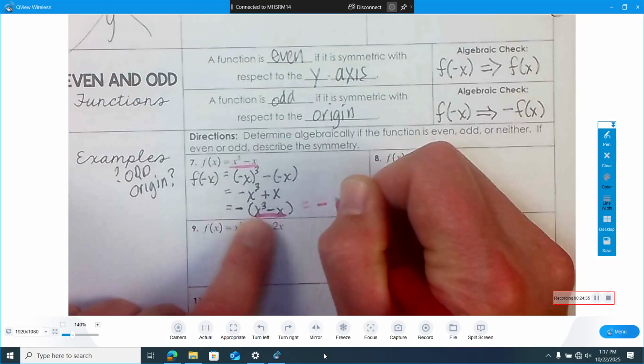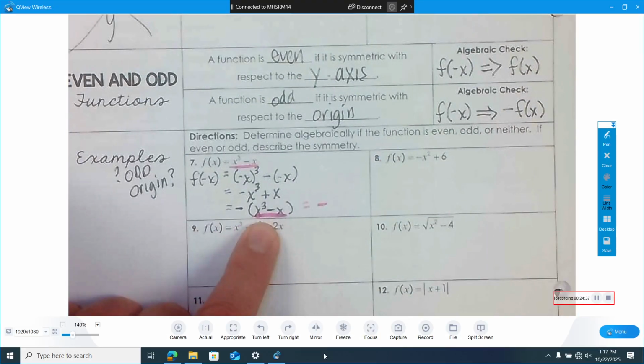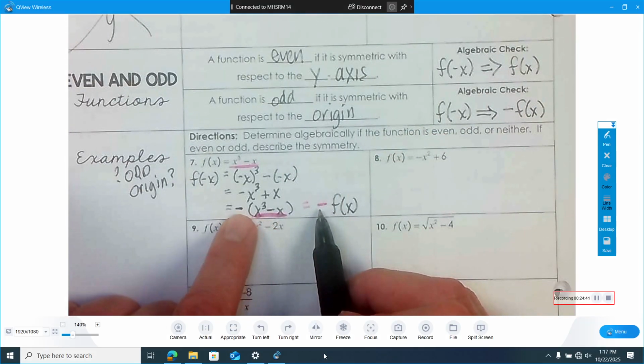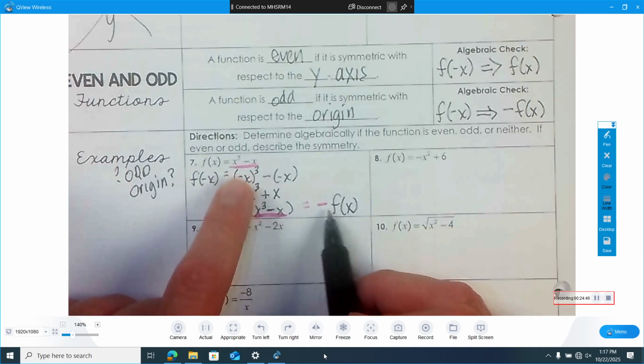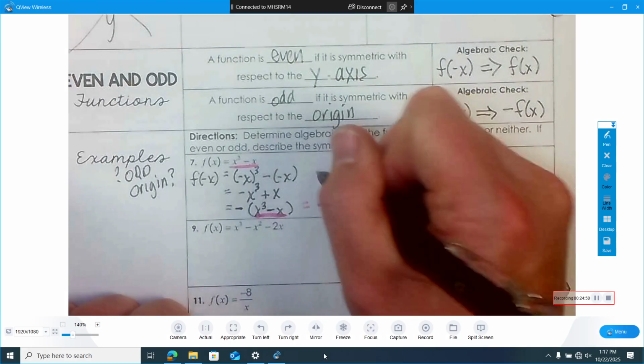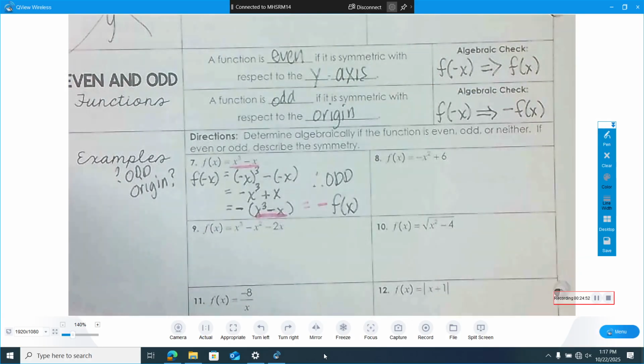So it is the opposite of what we started with. So if you can pull out the negative, and it's the opposite of what we started with, then that means it has odd symmetry. Okay? All right, well, you take a look at number 8.